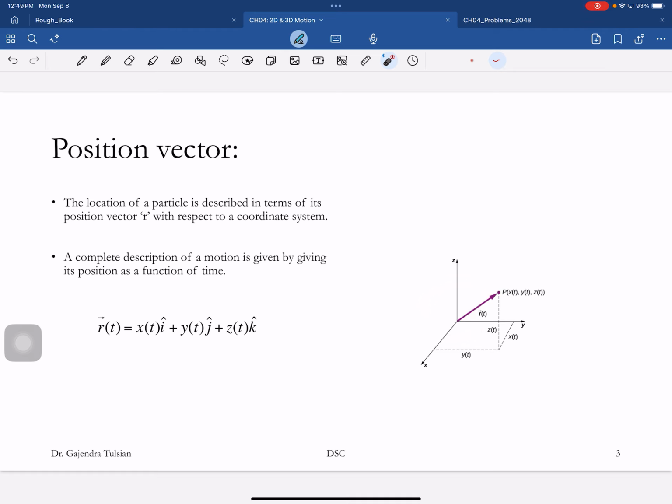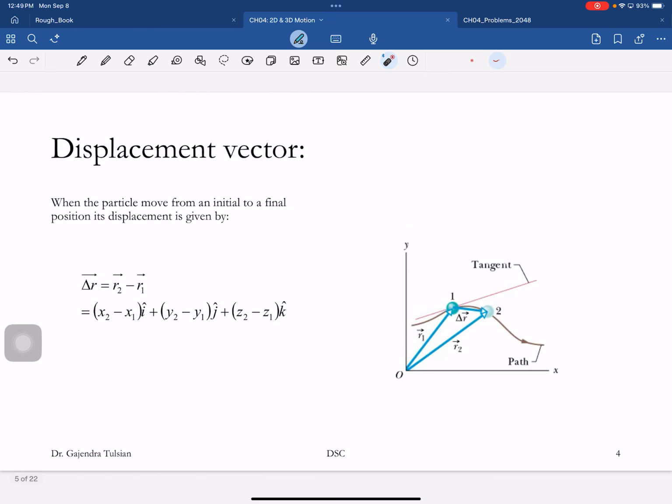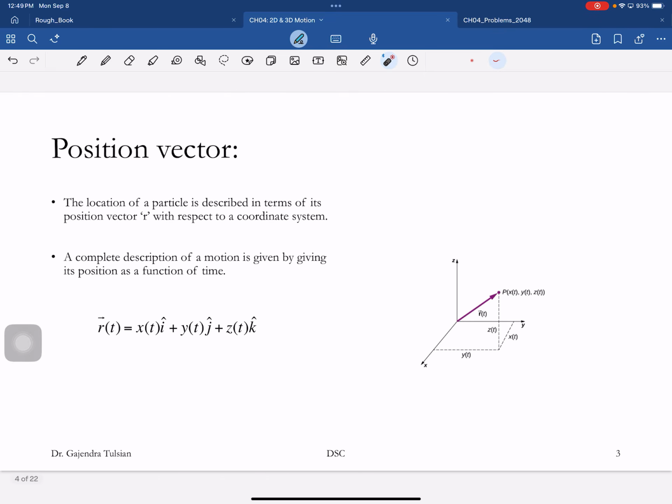There's the location of the particle, and as this moves, what you want is its x, y, and z coordinate as a function of time. A description of that motion is best given in terms of these three functions.